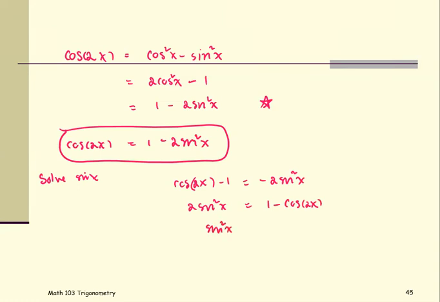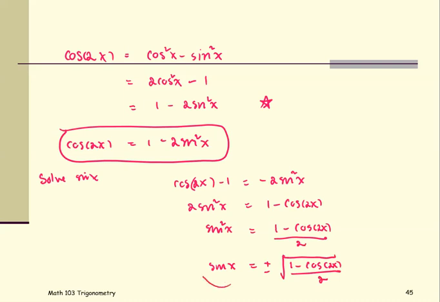We get sine squared x equals the quantity 1 minus cosine 2x all divided by 2. Next, we solve for sine x by taking the square root. Then sine x is plus or minus the square root of 1 minus cosine of 2x divided by 2.